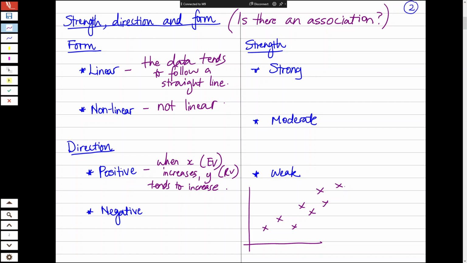Okay? The opposite, as you might guess, is this. As x increases, y tends to go down instead of up. So in this case, it would say the direction is negative. Is that all right? So y is increasing when the direction is positive.